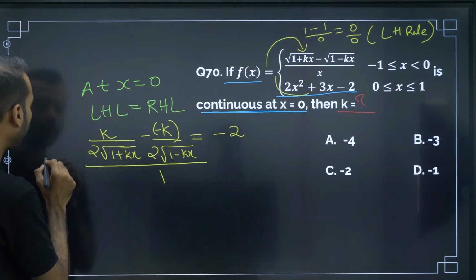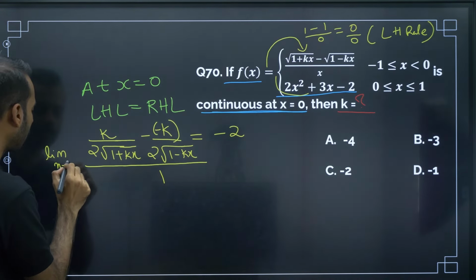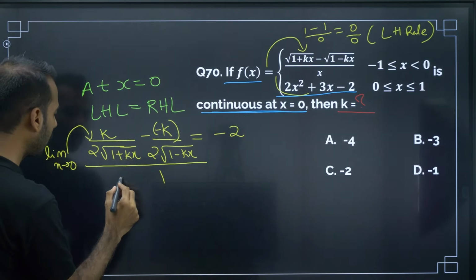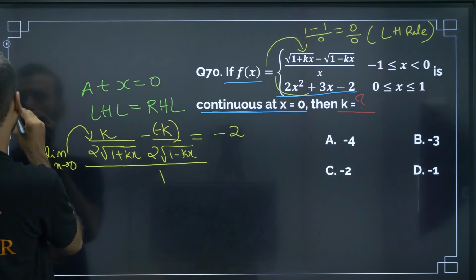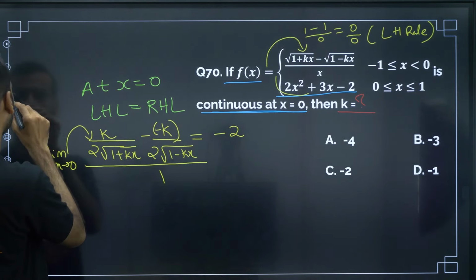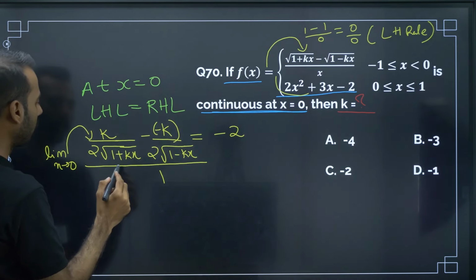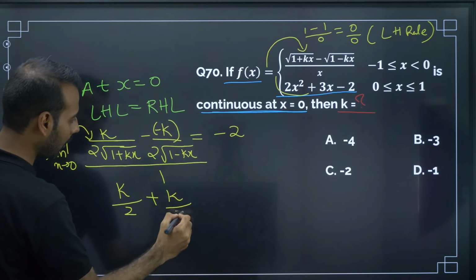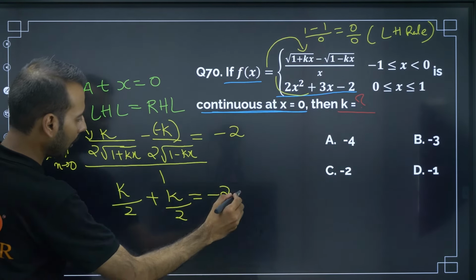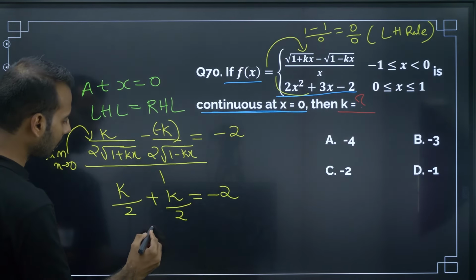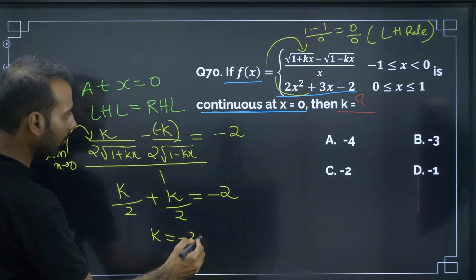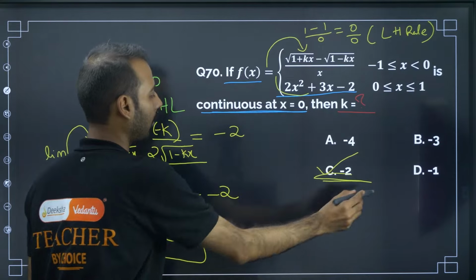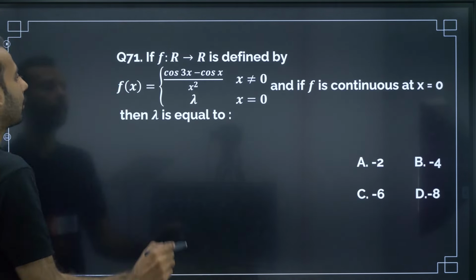Now if I go for substitution of limit x tends to 0, if I substitute here, k by 2 plus k by 2 is equal to minus 2. So k is equal to minus 2. Is there any option like minus 2? Then k is minus 2. So the answer for this is minus 2. Moving on to the next question.